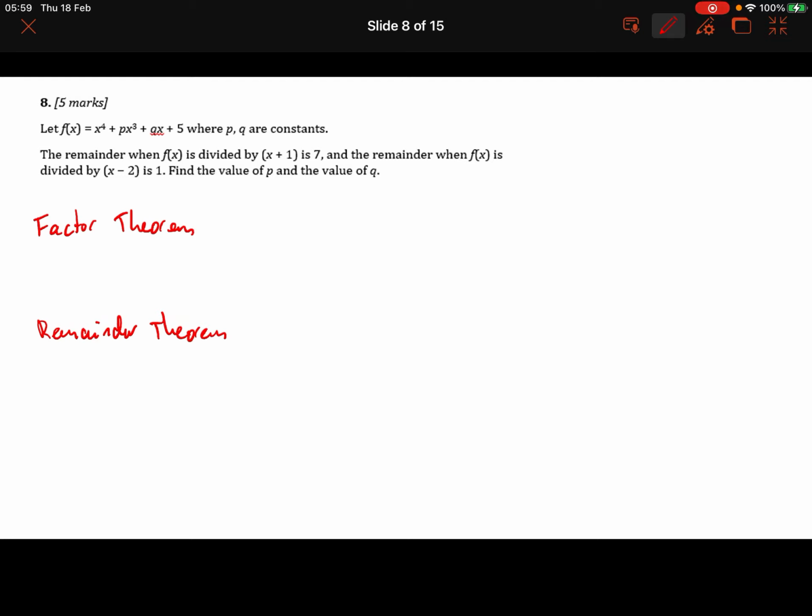It says that if we have a function f of x, and then if we put in a value, f of a, into that function, if that is equal to 0, then x minus a is a factor of f of x. Okay? So if we put in a value, say 1, and if f of 1 is equal to 0, then x minus 1 is a factor of f of x.